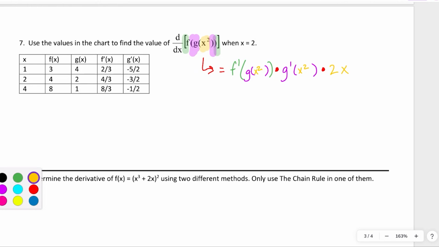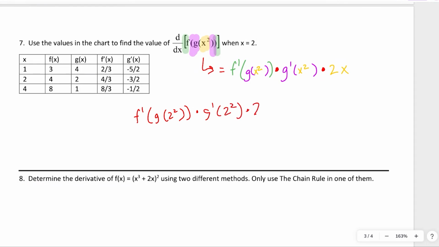So if we're trying to find it when x equals 2, we'll say that f prime of g of 2 squared times g prime of 2 squared times 2 times 2. Whatever that equals, that's going to be our answer.